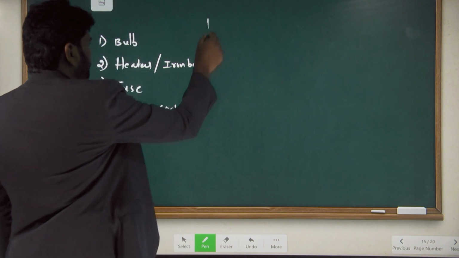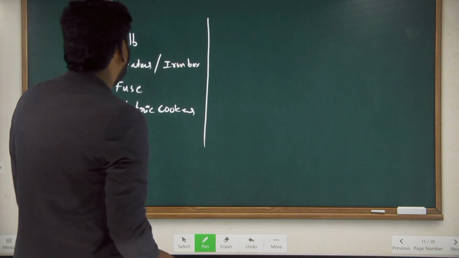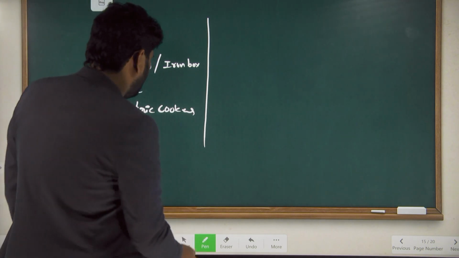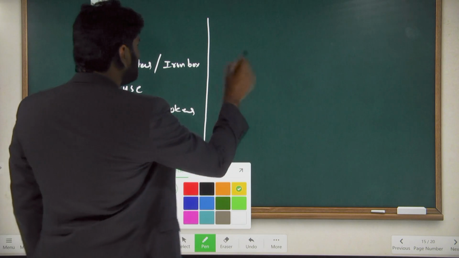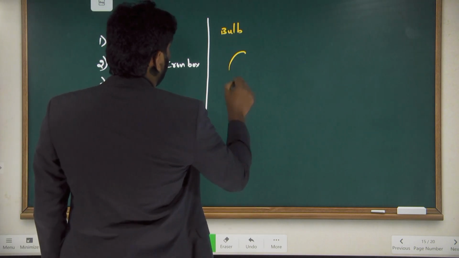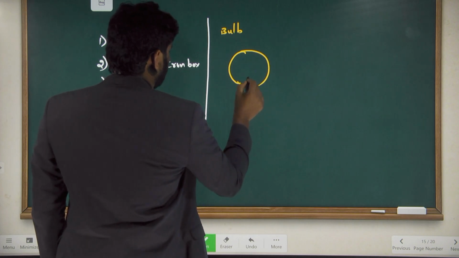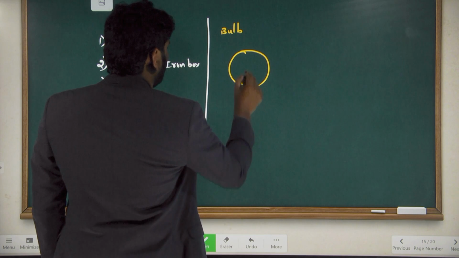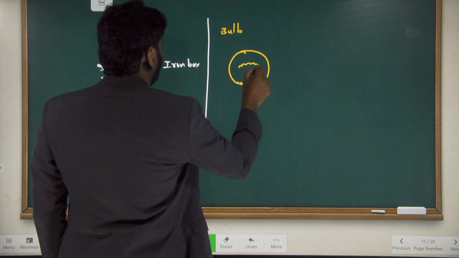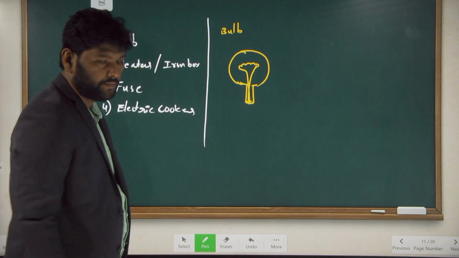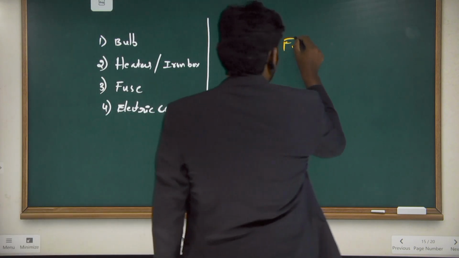Just now we have seen how a bulb works. Look at the bulb. Imagine this is a bulb. In this bulb, what do we have? We have a filament. The bulb has a filament.